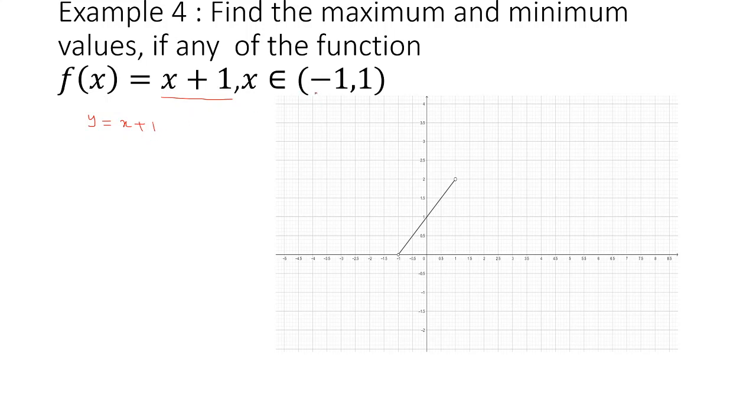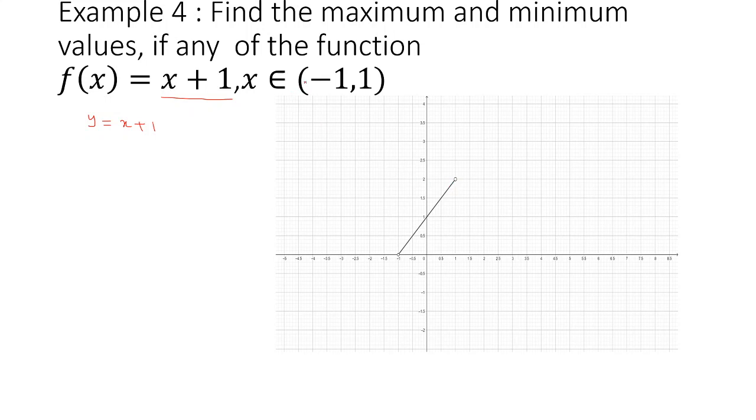Now since x belongs to the open interval minus 1 to 1, when you draw the graph it will be from minus 1 to 1, but both will be hollow circles. That means these two points are not included. x equals minus 1 and plus 1 are not included.